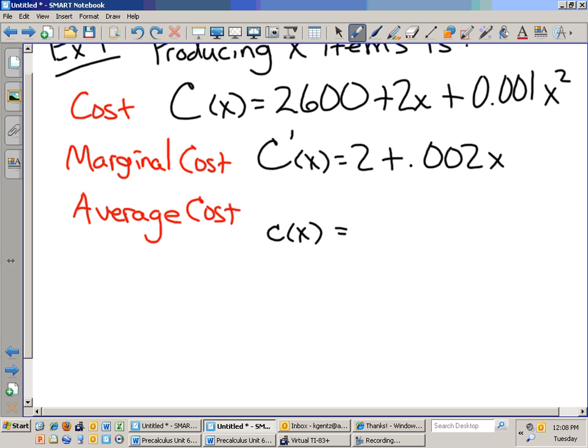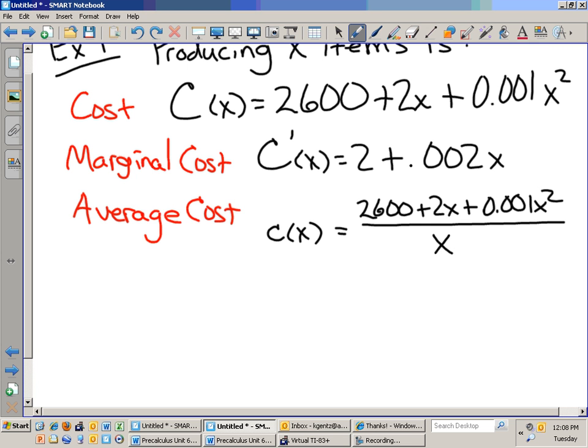The top one divided by x. The average cost function is equal to the total cost divided by the number of items that you're producing. Now, Sean is right that we want to set these equal to each other eventually to find that minimal spot. But my first question is, find the cost, average cost, and marginal cost of producing 1,000, 2,000, and 3,000 items.